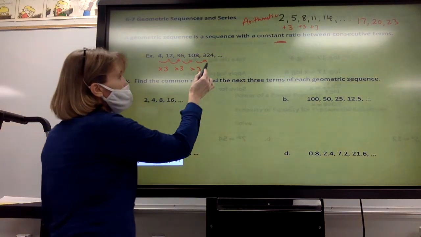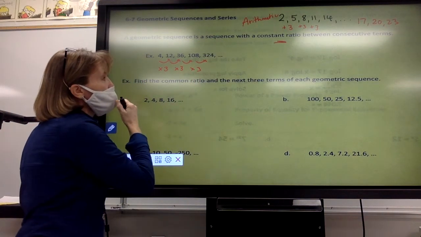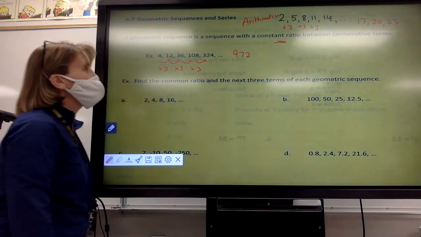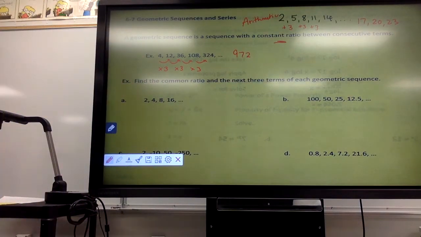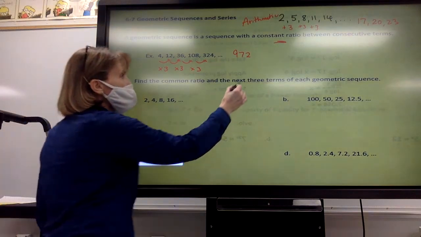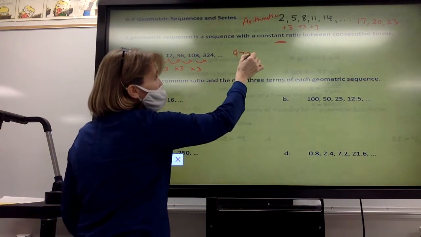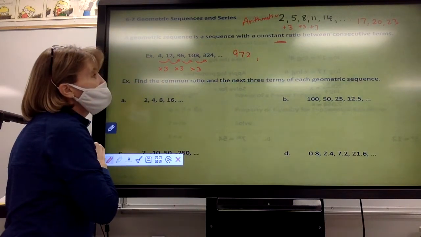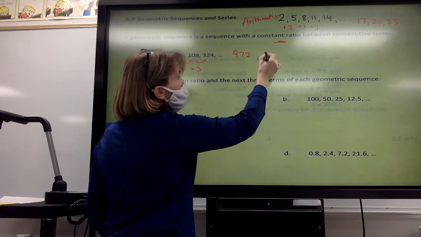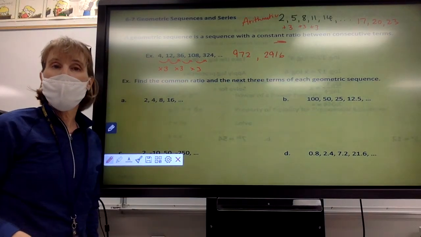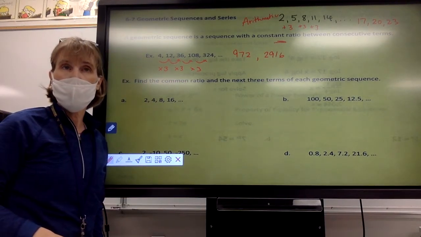To get the next term, I take 324 times 3 and get 972. The next term would be 972 times 3, which is 2,916. And we'd keep going if we needed more numbers in the sequence.